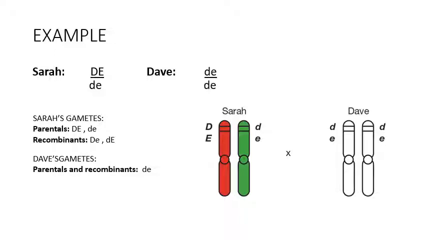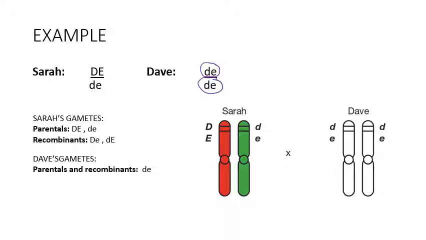From those genotypes, we can then work out the gamete combinations that each parent is going to be able to pass on to their future offspring. Now Dave's pretty easy because Dave is homozygous recessive for both traits. Regardless of whether crossing over happens or not to produce the recombinants, Dave can only give his children a lowercase d, lowercase e, or he could give this lowercase d, lowercase e.